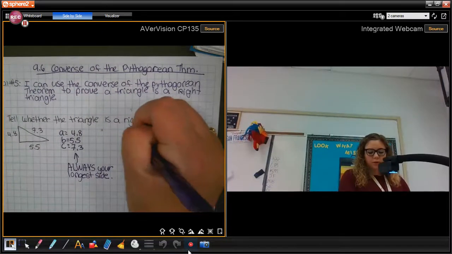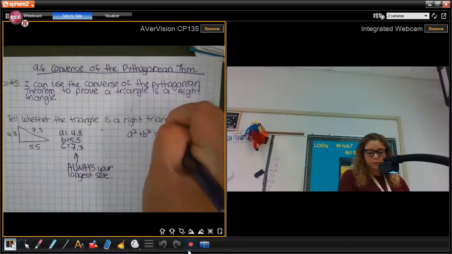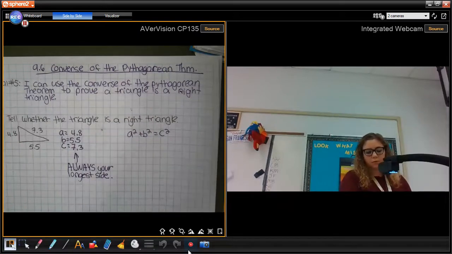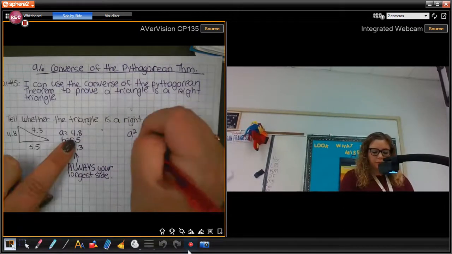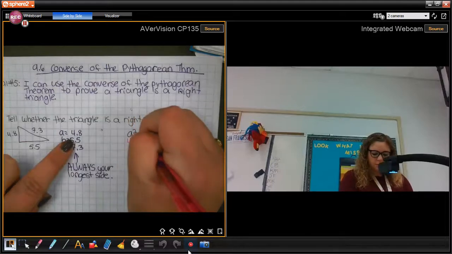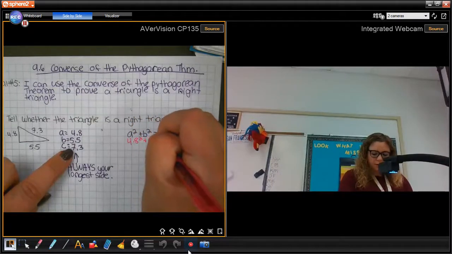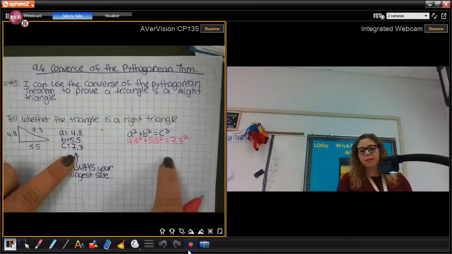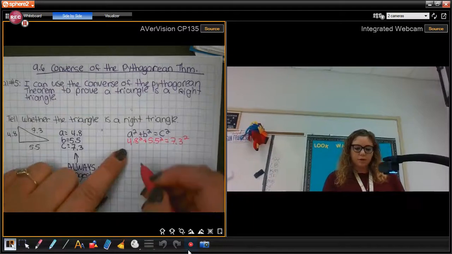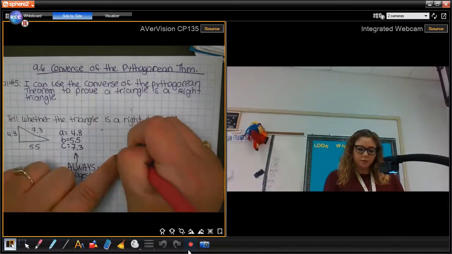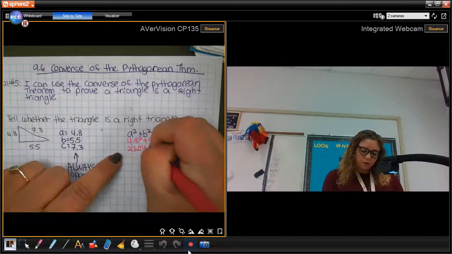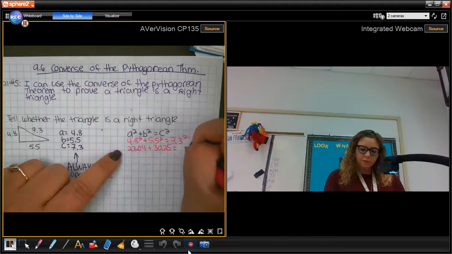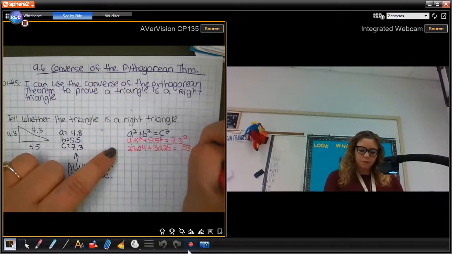So I'm going to plug those values into the Pythagorean theorem and see if each side equals the other. I'm going to plug 4.8 in for A, 5.5 in for B, 7.3 in for C, and see if they equal each other. So 4.8 squared is 23.04, 5.5 squared is 30.25, 7.3 squared is 53.29.